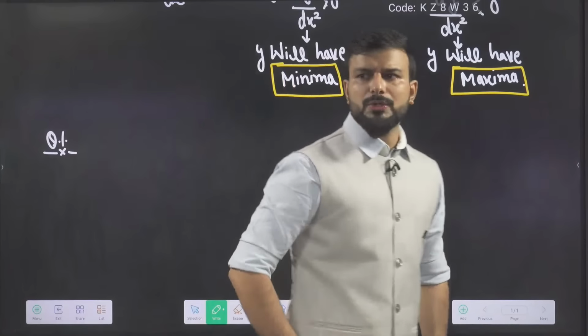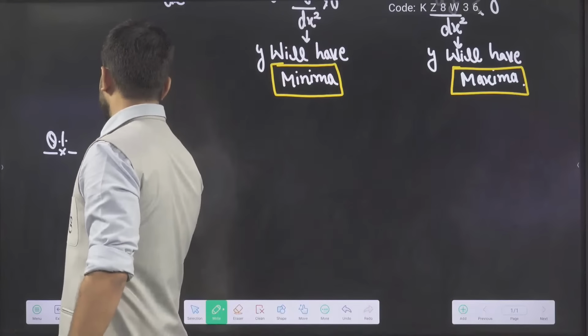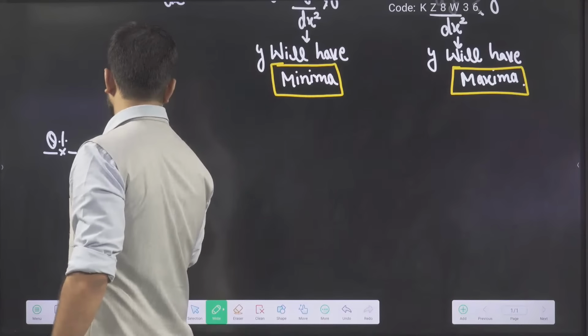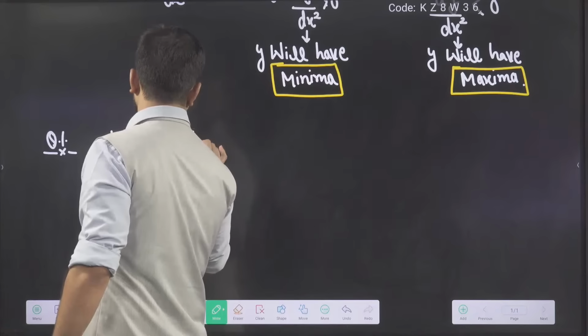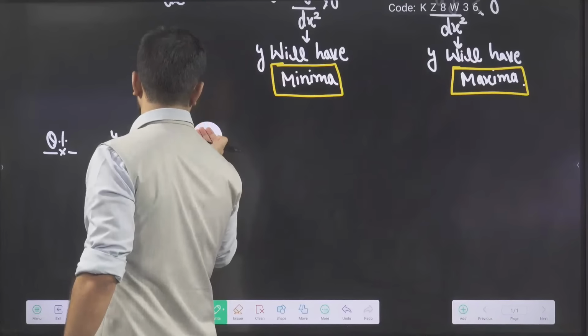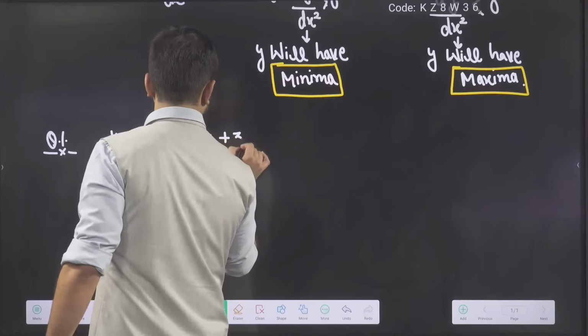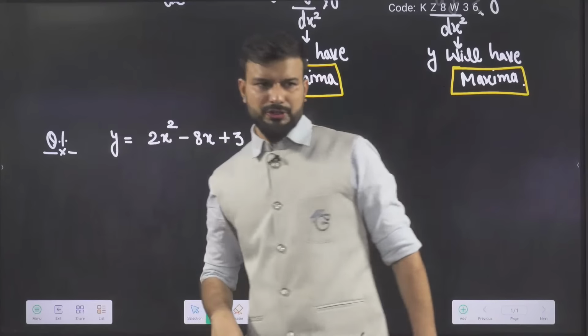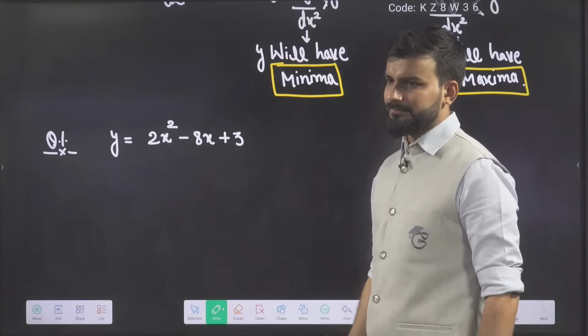So the very first question you are having: let's say y is equal to 2x square minus 8x plus 3. This is the function, dependent function y, which is depending on x.